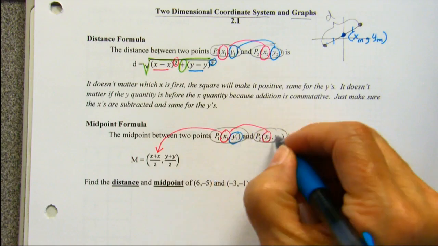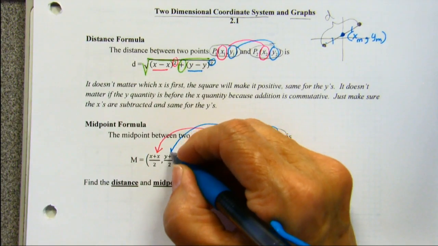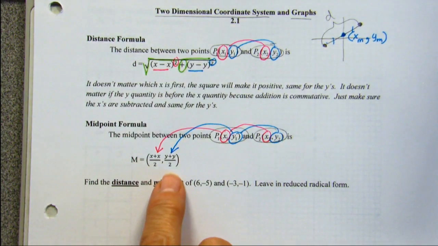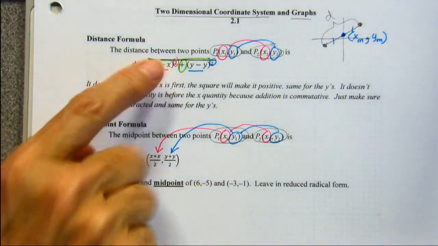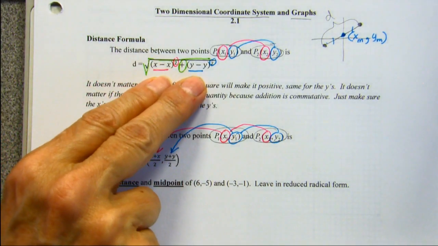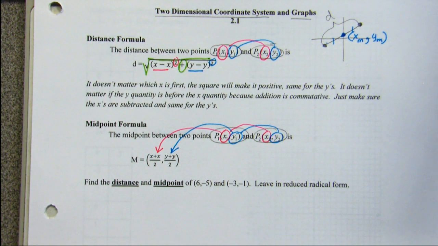Then you take the 2 y coordinates, add them together, and divide that quantity by 2. All right, here's a common mistake I see quite often. Distance, you subtract x and y. Midpoint, you add x and y. Keep that straight when you're working on those.